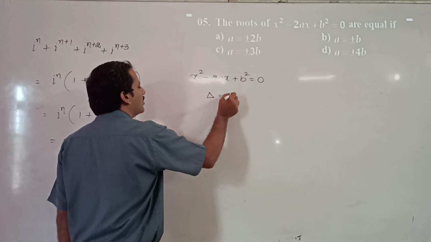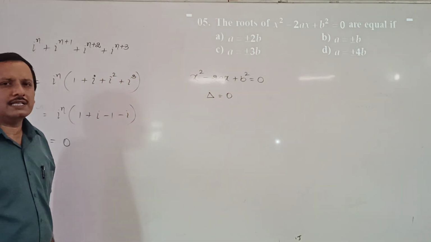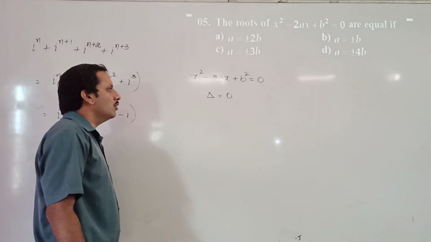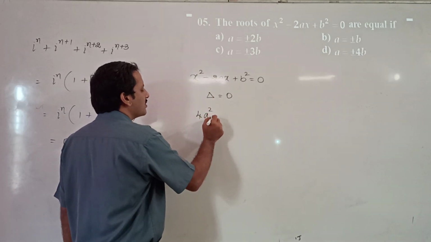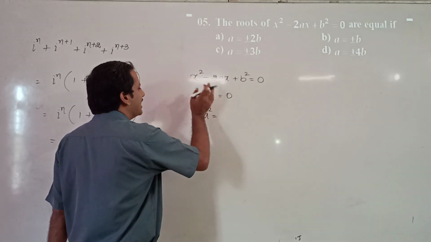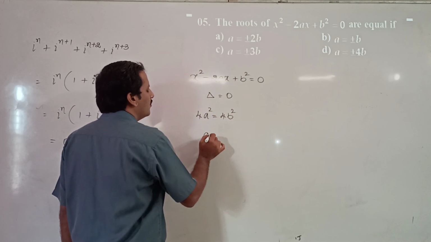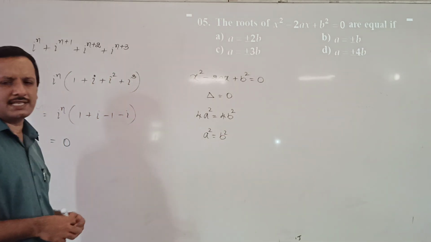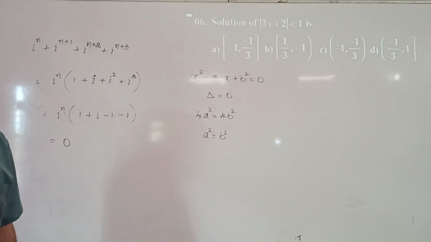Delta must be equal to 0, which means b square equal to 4ac. b square in this case is 4a square, equal to 4ac, that is 4 into 1 into b square, which is 4b square. This will give you a square is equal to b square. That means a is equal to plus or minus b. Second option is the right answer.